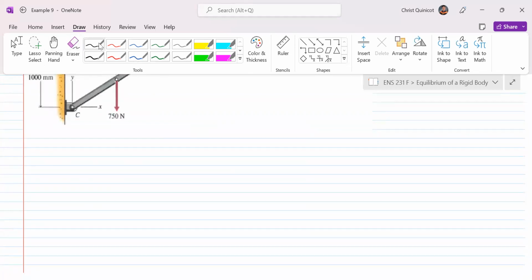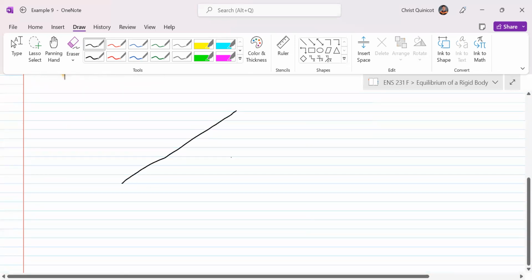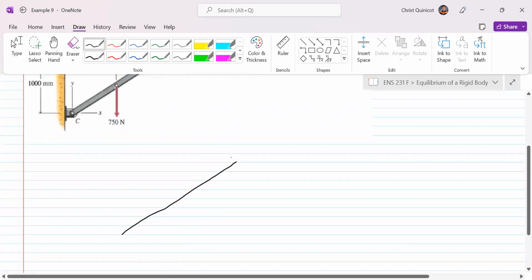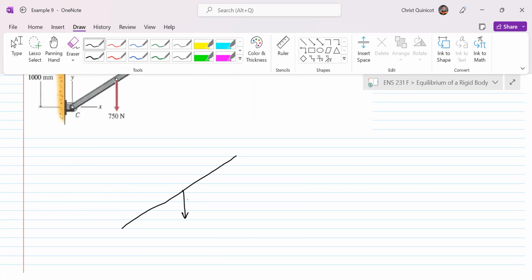So we write our free body diagram. At the very middle, we have a going down force, which is 750 Newton.